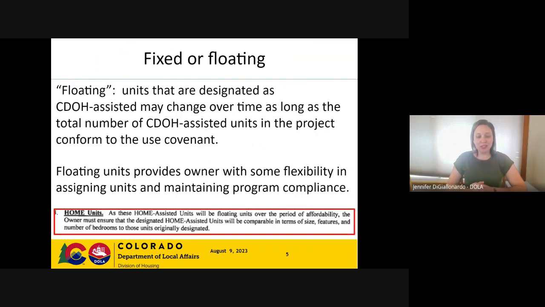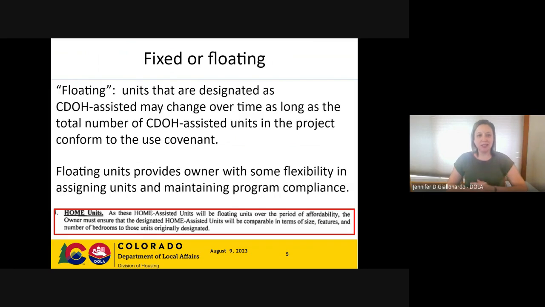Now for floating, these units are designated as CDOH and they may float over time. So be sure to look to your use covenant to ensure, do they float or are they fixed? Now, floating units gives that owner and management some flexibility with assigning units and maintaining program compliance over time.